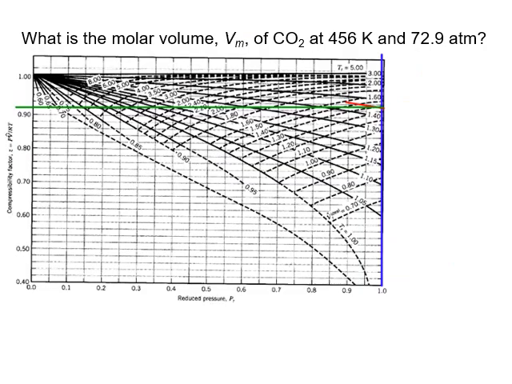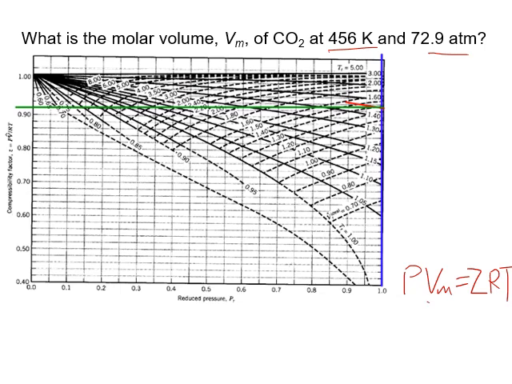Here's a sample question using the Z factor and the principle of corresponding states. We want to calculate the molar volume of carbon dioxide if we know temperature and pressure. To do that, we use the equation PVm equals ZRT for a non-ideal gas.